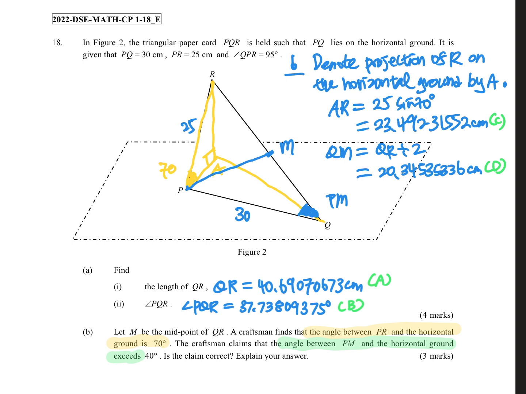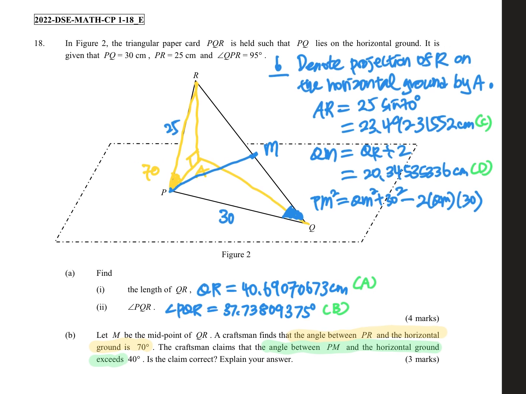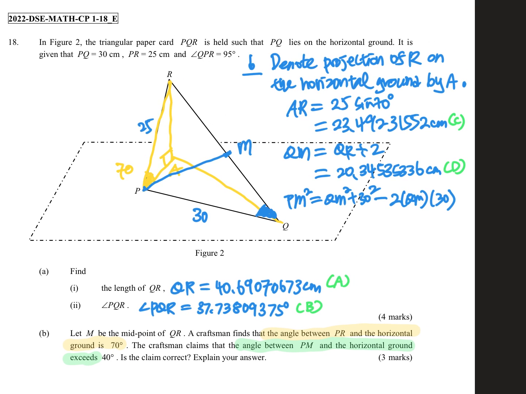So once again we make use of the cosine formula, with the cosine of angle PQR, which is found in A2.